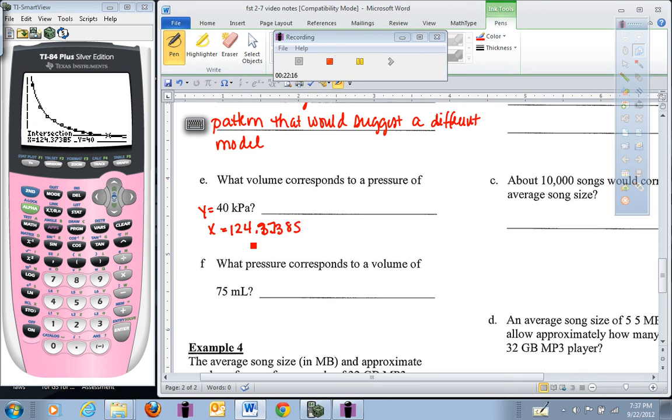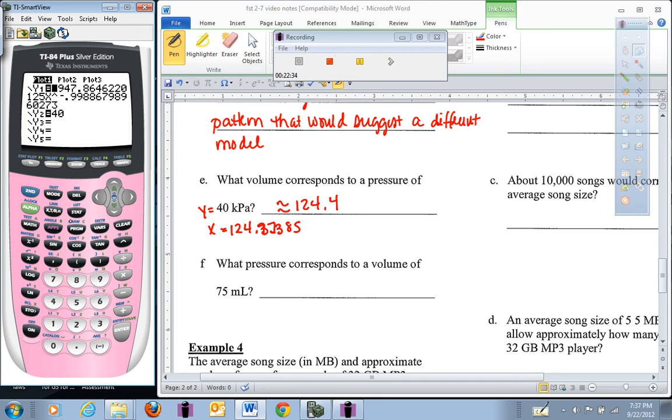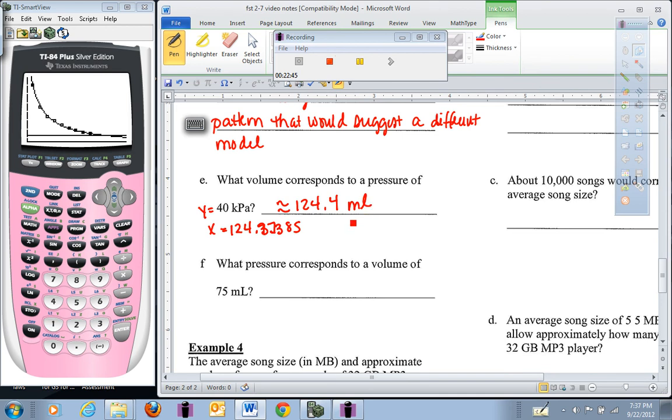Okay, and then my rule of thumb said that I could round to whatever the table does. The table rounds to the nearest tenth, so I would put about 124.4. 124.4. Okay, and we would do mLs for that.